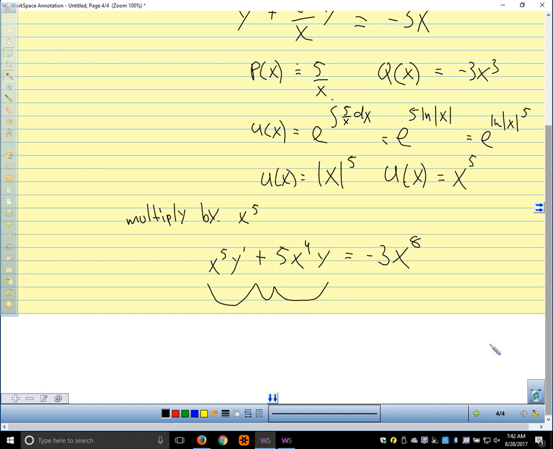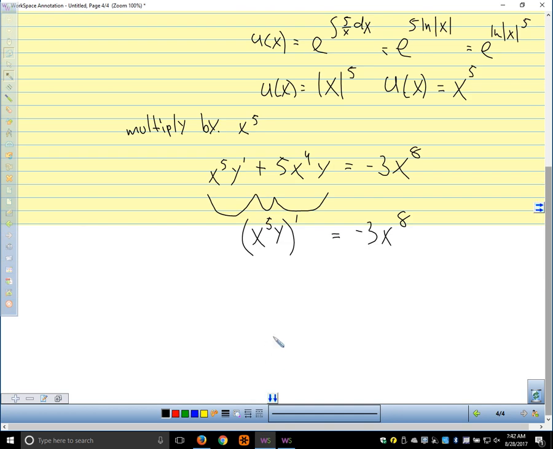This quantity is a derivative of what? x to the fifth y prime, right? If I take the derivative of this, I get this. And that equals minus 3x to the eighth.